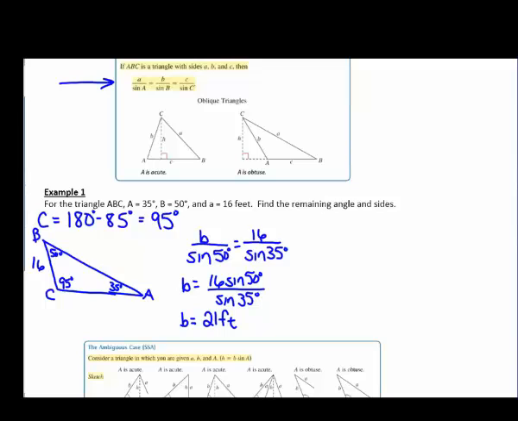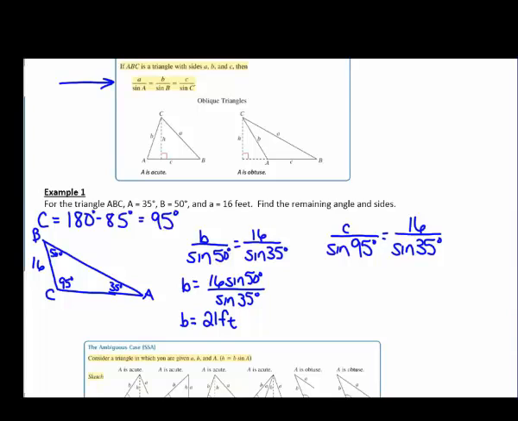Now we can go ahead and find side C. So side C divided by the sine of angle C, which we found to be 95 degrees, equals, and I'm going to use A again because that was given to us in the original problem. If we use B, then we're going to be slightly off because we rounded that. So we're going to take the 16 feet again and put it over the sine of angle A, which was 35 degrees.